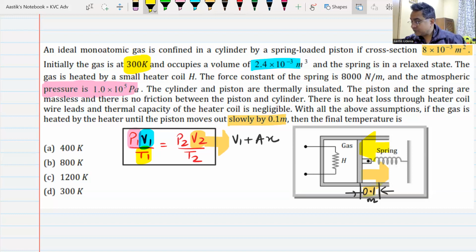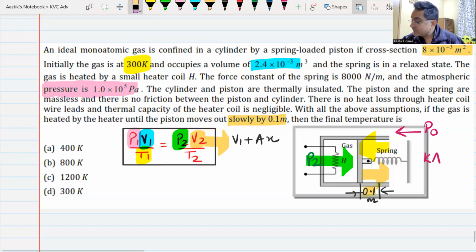So the pressure of the gas inside, this pressure P2, will be equal to one, the atmospheric pressure P naught, and one, the pressure because of the spring.